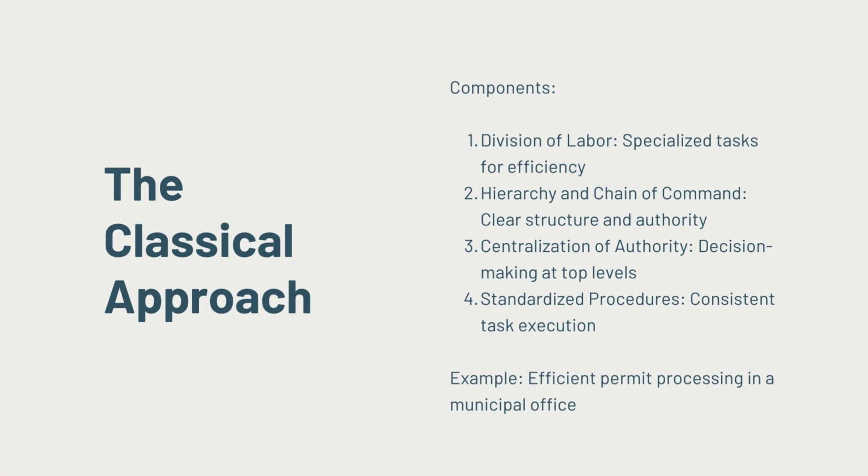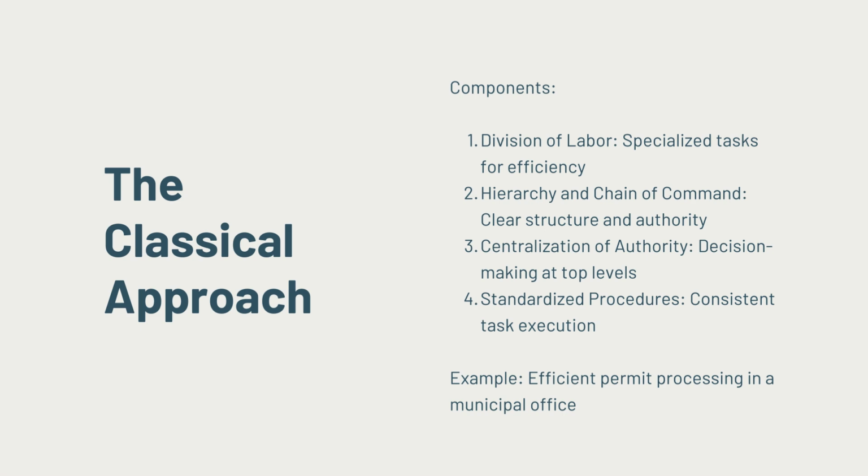We have also the hierarchy and chain of command. Now, the classical approach advocates for a clear hierarchical structure where each level of management has authority over the levels below it. The chain of command ensures that decisions and instructions flow smoothly from top management to frontline workers.